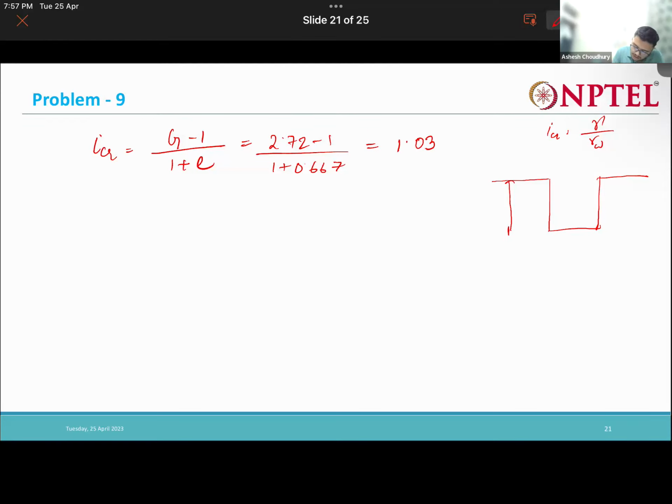This part actually you can ignore. It's really confusing. Okay, this part you can ignore.